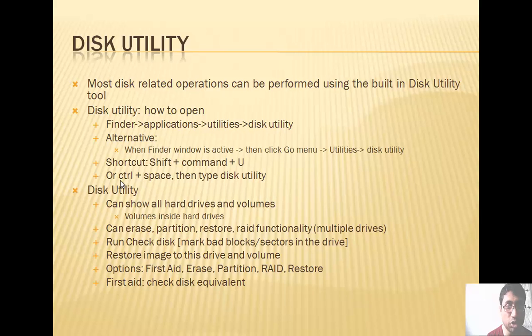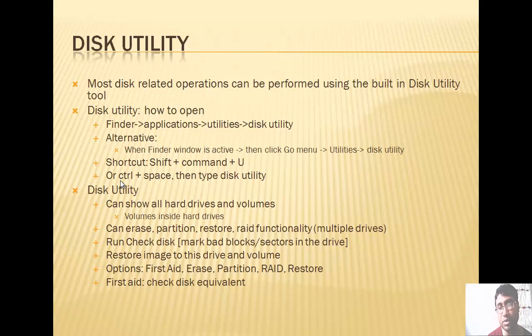And from this Disk Utility, you can format the disk. There will be a format or erase option. You can use that to erase. And for partitioning, you can make multiple partitions using your hard drive. And there is a RAID functionality option.